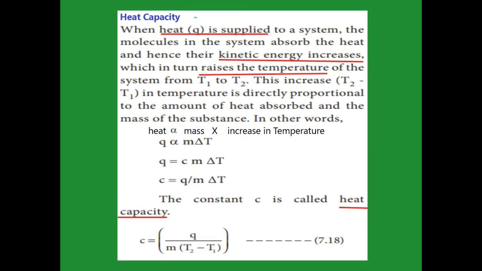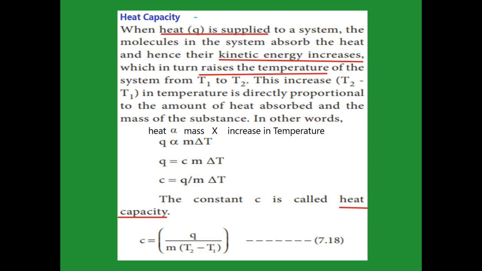When heat is supplied to the system, for example a gaseous molecule, first of all the kinetic energy of the molecules increases, and this increases the temperature of the system from T1 to T2. Initially the temperature is different, and finally there is an increment in temperature. So now the heat absorbed by the system is directly proportional to the mass of that system multiplied by the increase in temperature.